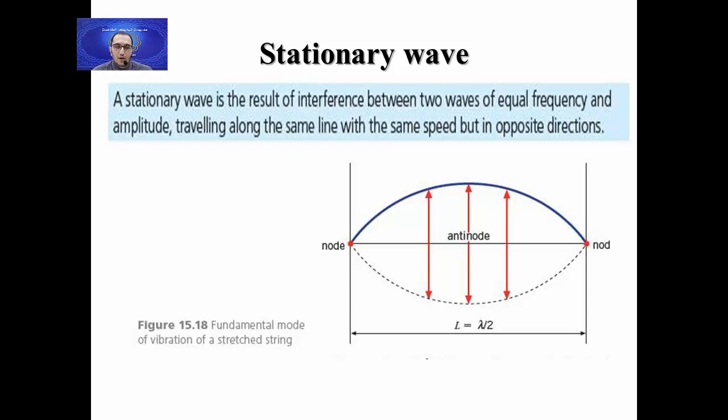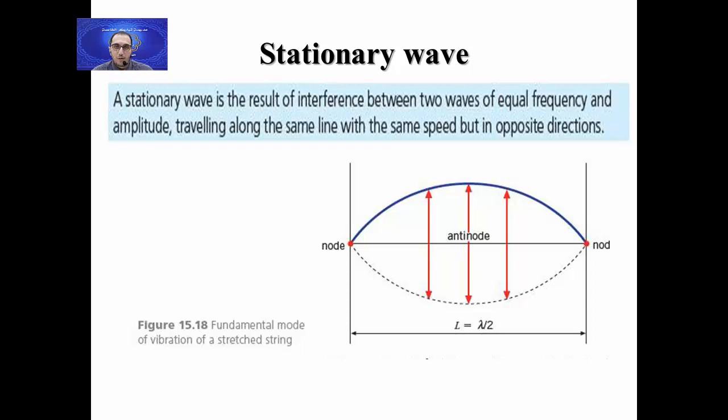This stationary wave consists of two parts. One is known as node and the second one is antinode. Node, the amplitude or the maximum displacement at node equals 0. No amplitude, 0. But in antinode, the displacement is maximum. So in front of you now we have one mode or one section.